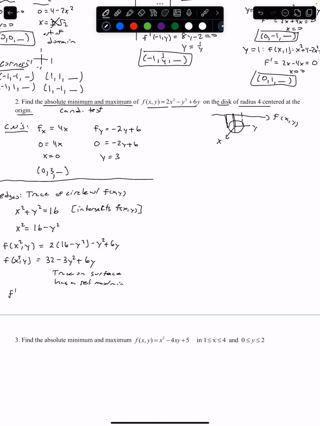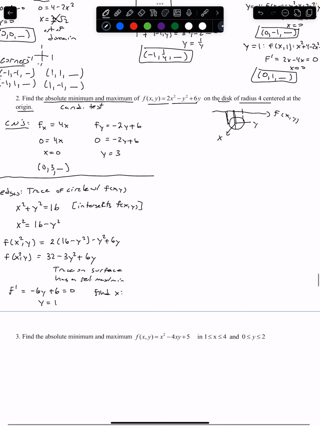Taking the derivative, we would get negative 6y plus 6. And if we set that equal to 0, we get y equals 1. All we have to do now is find x. Well, to get x, remember, x squared is equal to 16 minus y squared. So if y is 1, x becomes plus or minus root 15.